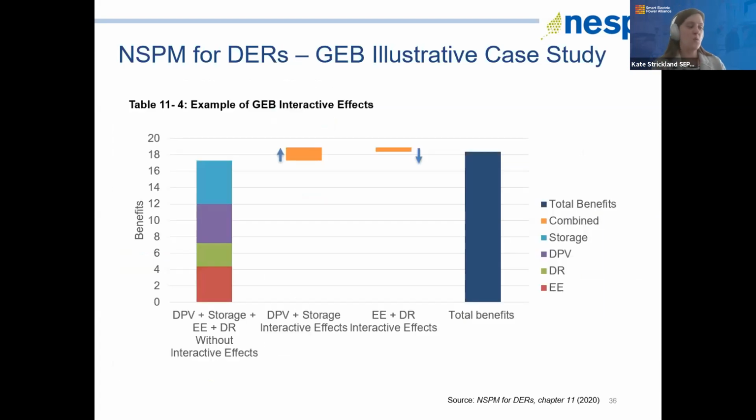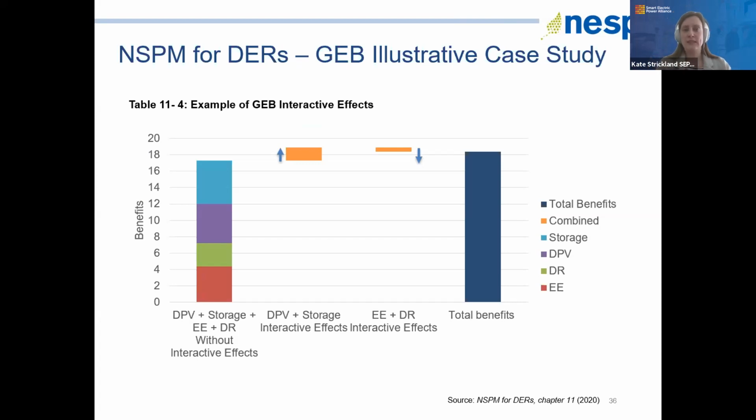Additionally, we also wanted to highlight that common challenge I referenced earlier around interactive effects. So here in table 11.4, we are considering major interactive effects, specifically enabling effects between pairs of DERs. That includes distributed demand response and energy efficiency, and distributed PV and storage.